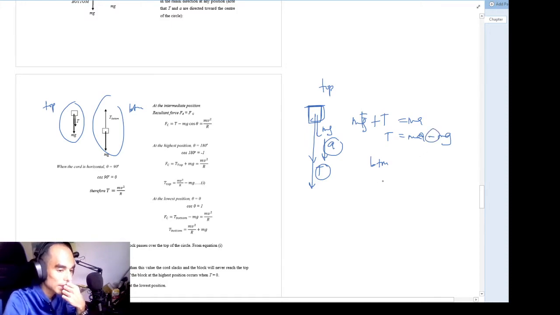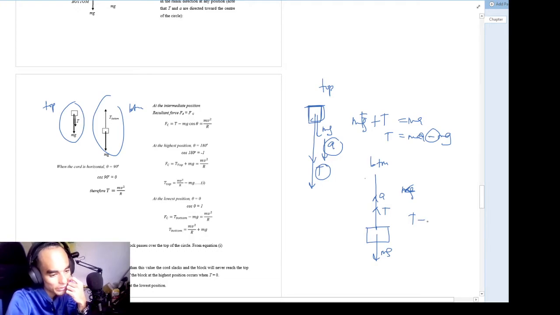For the bottom case, the acceleration is pointing upwards, mg pointing downwards. So T minus mg, because T has the same direction as a, but mg has the opposite direction to the acceleration.